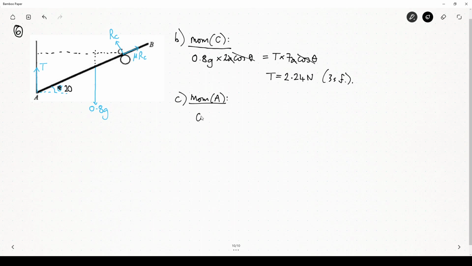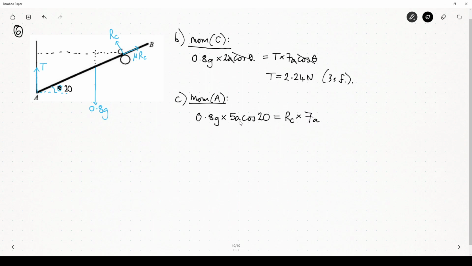So we've got 0.8 g, the weight, multiplied by 5a cos 20, and that's going to equal the reaction at C times, now this is a nice one because from A, the force RC acts perpendicular to the plank, so we just need the distance along the plank, which is 7a.